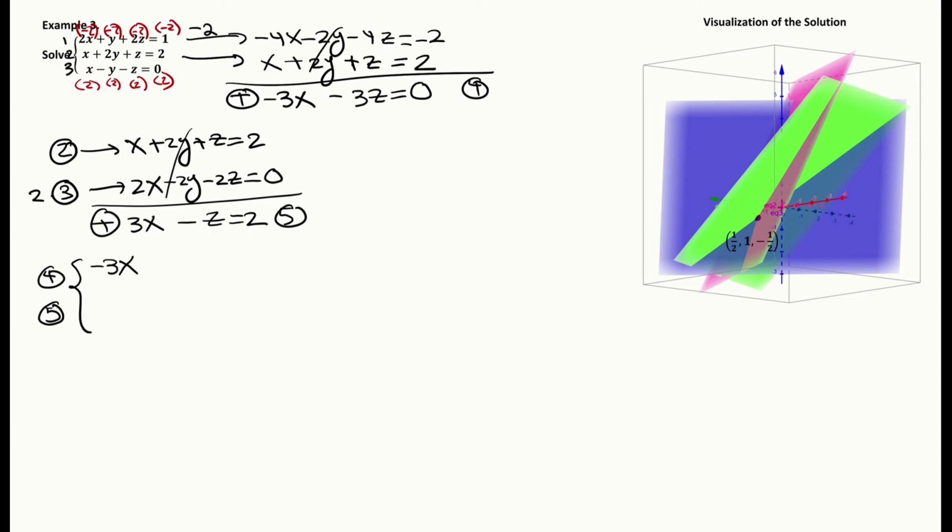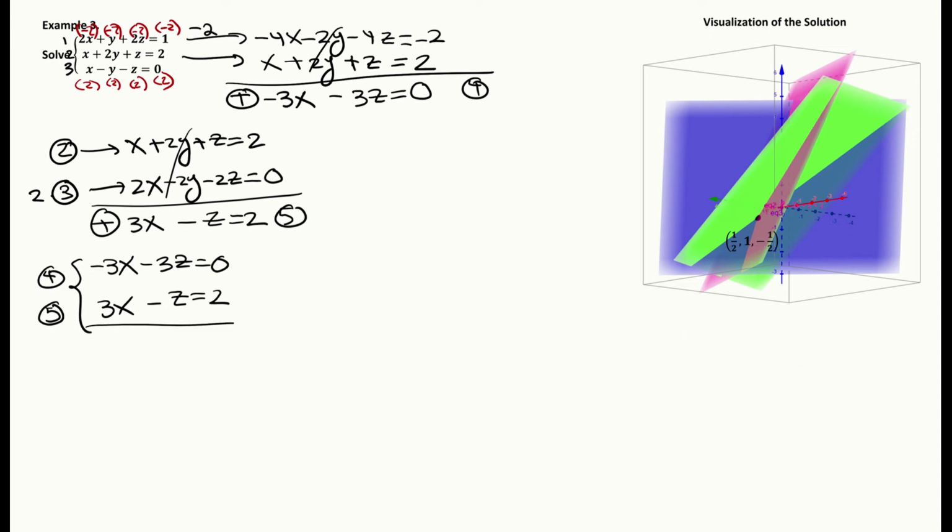So we have negative 3x minus 3z equals 0 and 3x minus z equals 2. Don't forget where we're headed. We're trying to find that point of intersection. So you can see how doing it graphically would not be the easiest thing in the world.